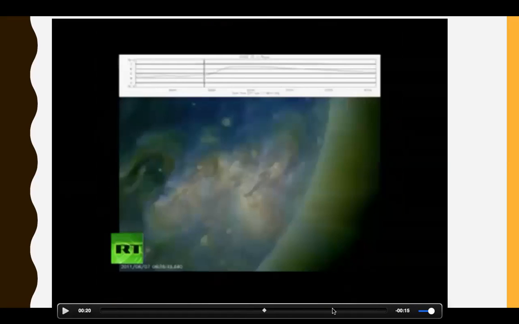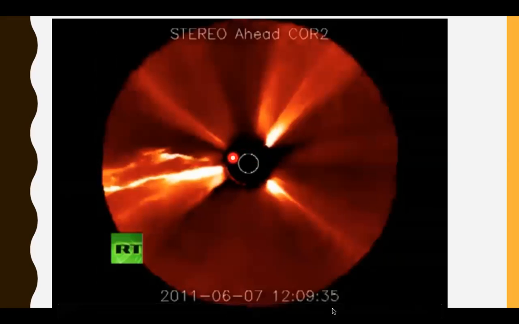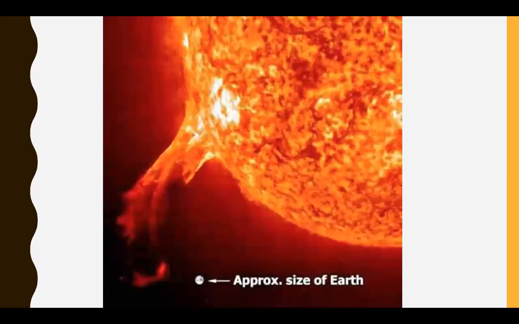A lot of times you'll see that they actually block out the body of the sun so that you can see coronal mass ejections and flares more clearly. So these are all flares, but that one at the end is a coronal mass ejection, which I think is the next one. Okay, that's a flare.